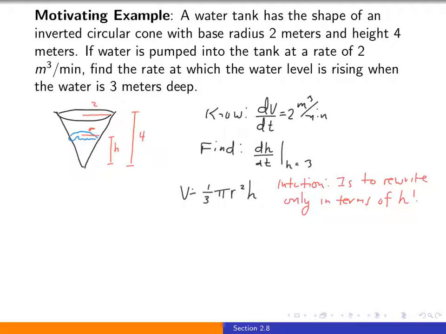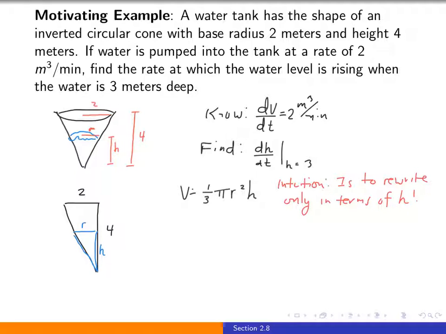And if we really look closely at our picture, we might see some similar triangles. So for the entire circular cone, you have this base radius 2 and a height 4. And associated with that water level, you have a radius r and a height h. So you have two similar triangles.